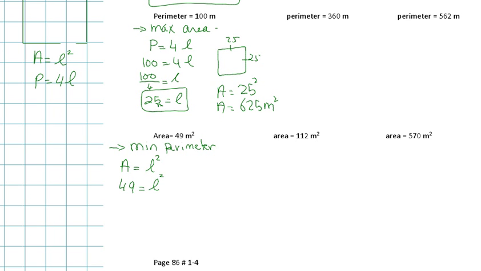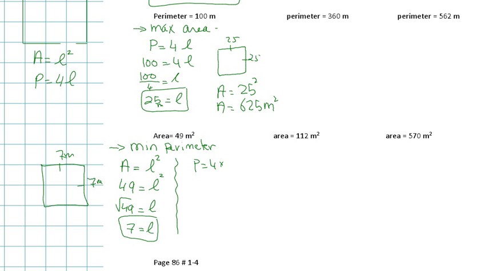Let's use square root, because the opposite of square is square root. That's 7. So my length is 7 meters by 7 meters. I'm trying to minimize the perimeter. Perimeter is 4 times L, so 4 times 7, which is 28 meters.